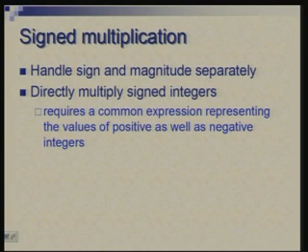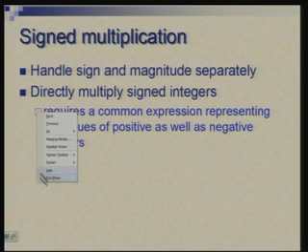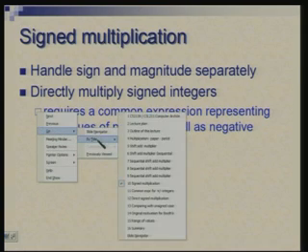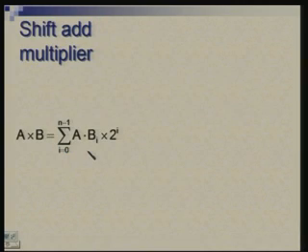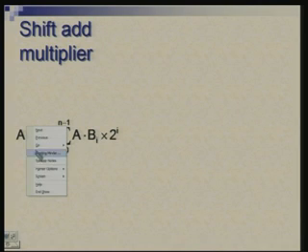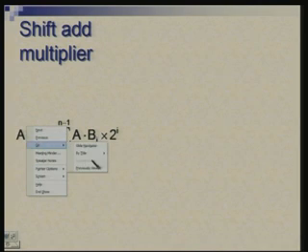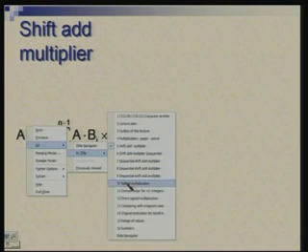So, we express the number in terms of its bits in this form. Here you see we have expressed b as a summation of b_i times 2^i for different values of i. We need to find something which handles positive as well as negative numbers.